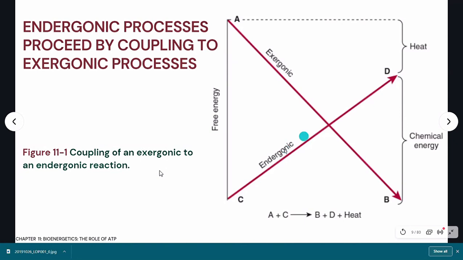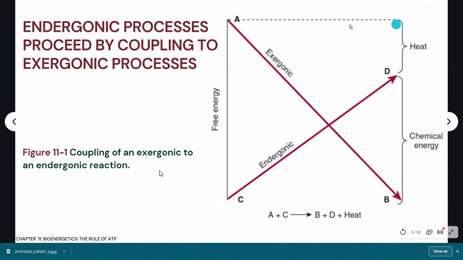These endergonic reactions are coupled to exergonic reactions. Exergonic reactions release energy, and the energy is used up for this reaction to occur. And there's a discrepancy, look at that, and that is released as heat.